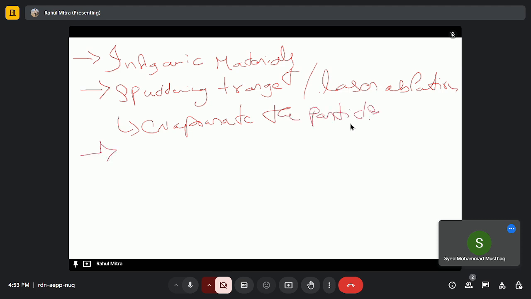The next question is the type of gas that we use, the type of inert atmosphere we provide, right? For the inert atmosphere we use argon or xenon gas.